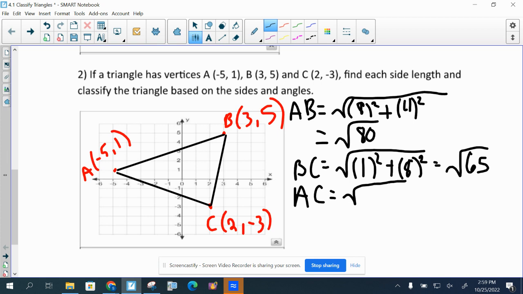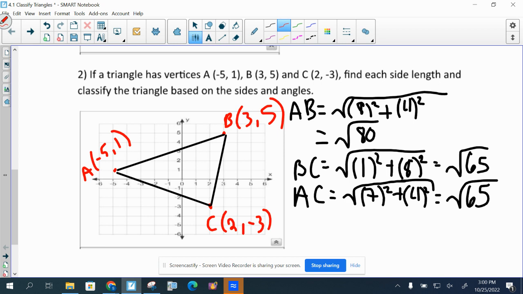So this would be 2 minus negative 5, which is 7 squared, plus negative 3 minus 1, which is 4 squared. And that's equal to 49 plus 16, which is also 65.